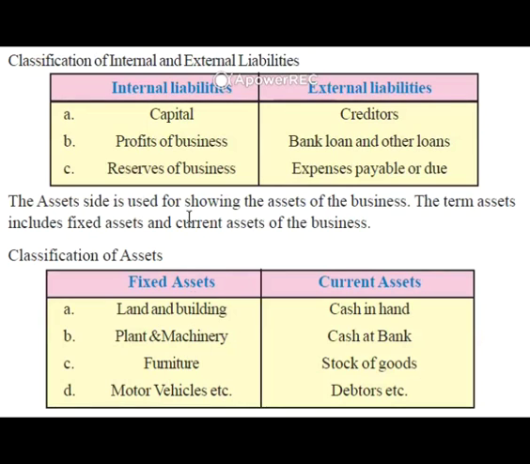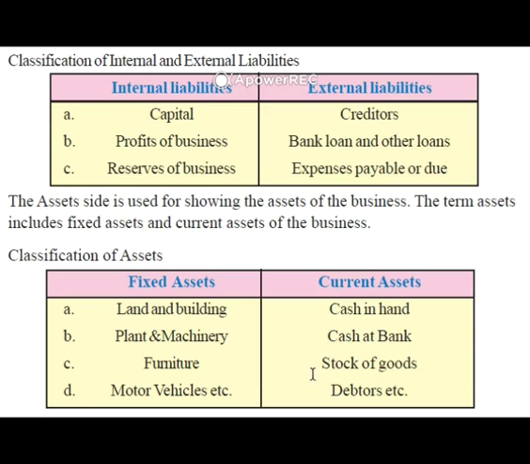Internal liabilities are those the business has to pay to its owner. These are capital, profit of the business, and reserves of the business. External liabilities are those the business has to pay to outsiders. On the credit side, he shows assets.